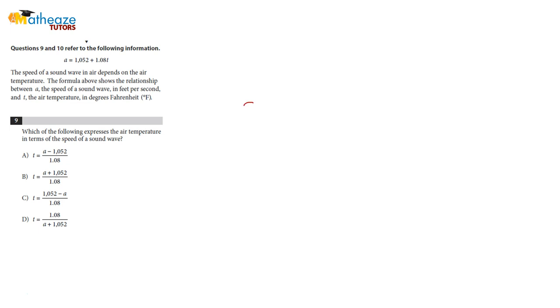So we have A equal to 1052 plus 1.08 t. We want to solve for t, so I'm going to subtract 1052 from both sides. So we have A minus 1052 equal to 1.08 t.